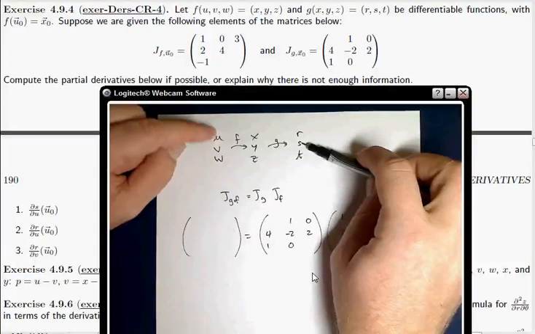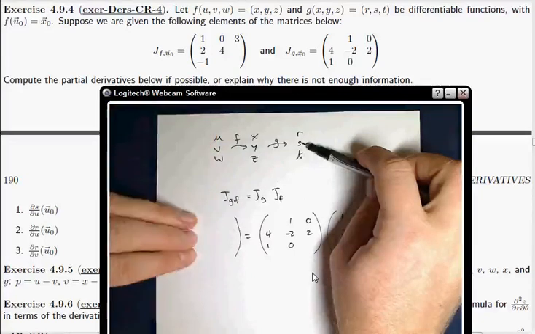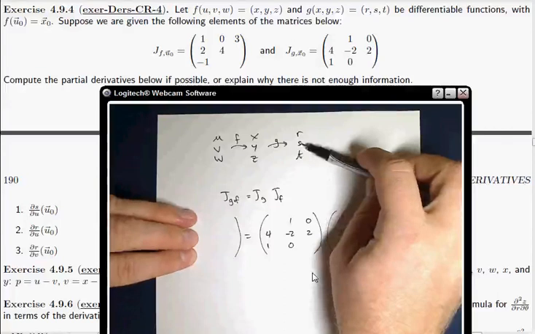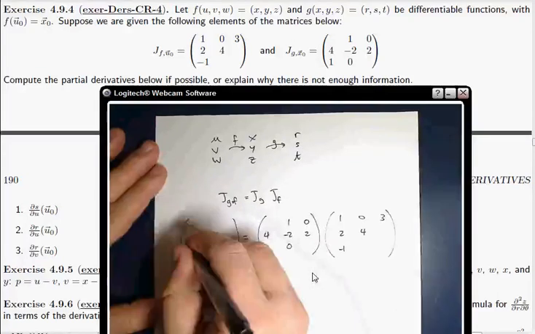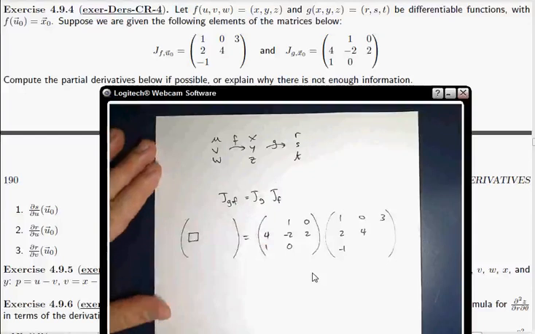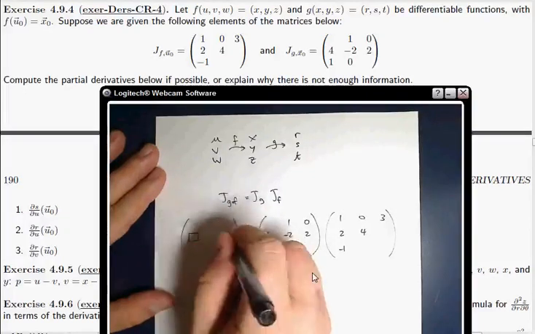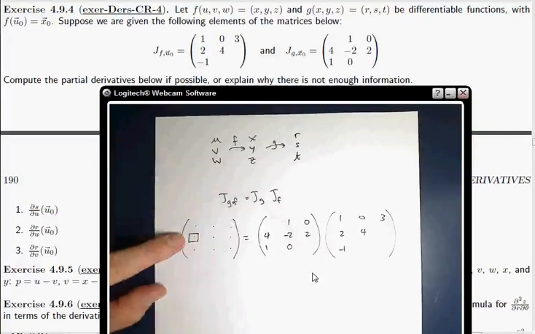It's a partial with respect to the first input variable, so it's going to be in the first column here. And it's the partial of that second variable, so it's going to be this second entry. So that's what I'm trying to compute.